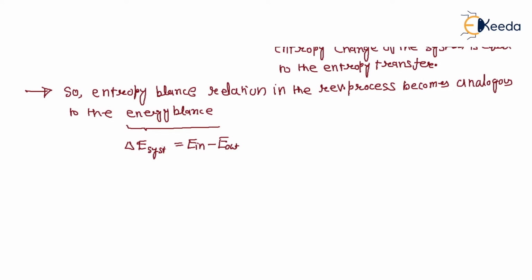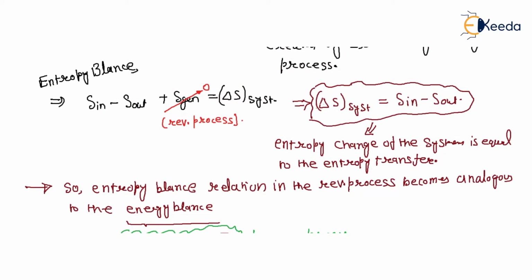But the difference is that this energy balance is for any process. But this entropy balance is only for the reversible process. This is the beauty.